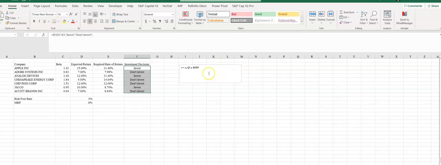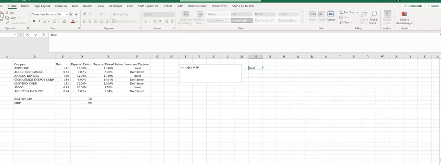So we are going to create a graph in here. Let's create a two-column data set in here. This is beta, and this is the required return in this column.